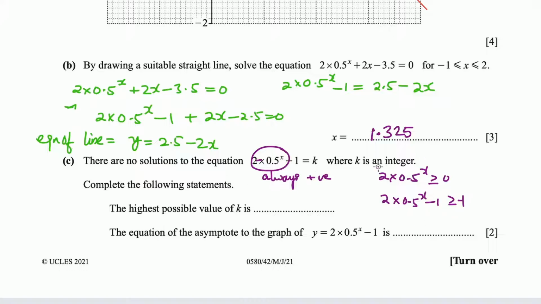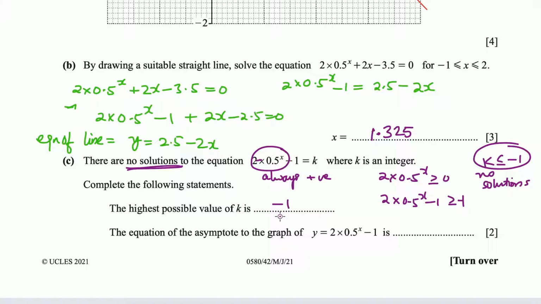And so the highest possible value of k, where k is an integer, there are no solutions. So that means if k is less than or equal to negative 1, there are no solutions. So what is the highest possible value of k? The highest possible value of k is negative 1.